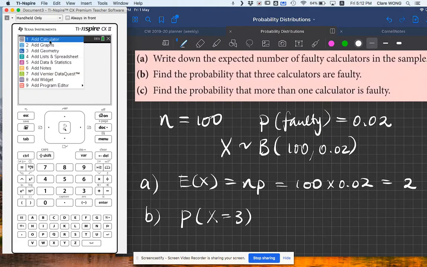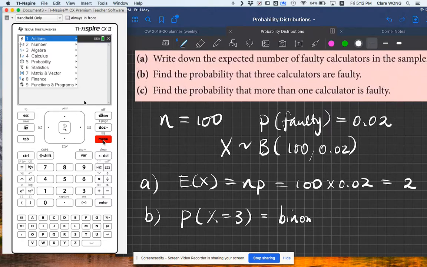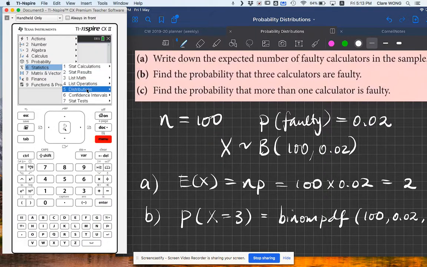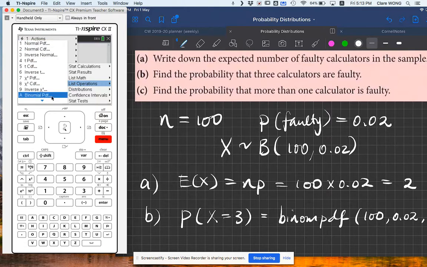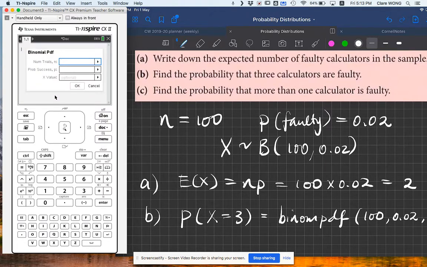So we need to do binomial PDF, because it's an exact value, we have n equals 100, probability equals 0.02, and we want it to be 3. Stats, distribution, binomial PDF. That would give us 0.182.